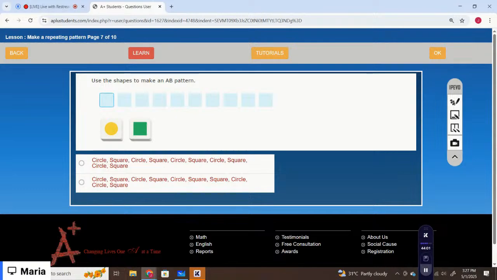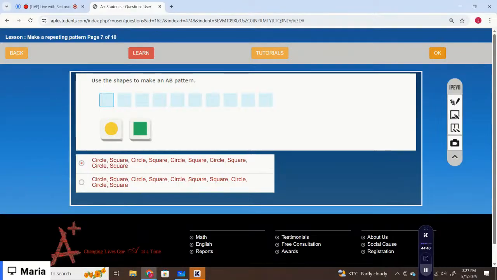Use the shapes to make an AB pattern. Circle, square, circle, square, circle, square.